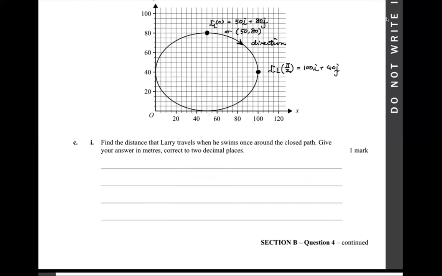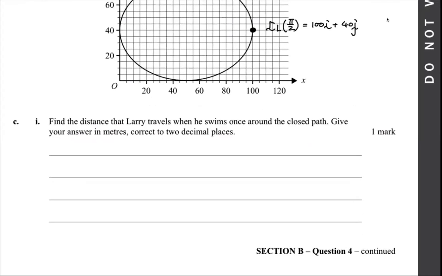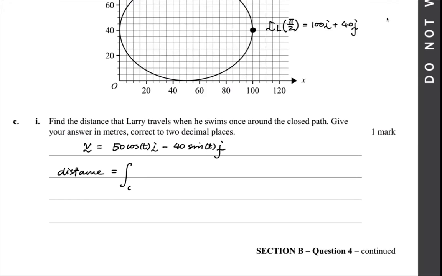Okay, find the distance Larry travels when he swims once around the closed path. Give your answer in meters correct to 2 decimal places. So basically, you are finding the arc length, okay? So velocity is actually 50 cosine t i minus 40 sine t j. Just differentiate your position vector. So the distance is equal to the integral from 0 to 2 pi, because that's the time around one cycle, okay?